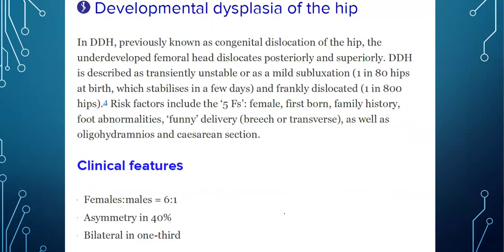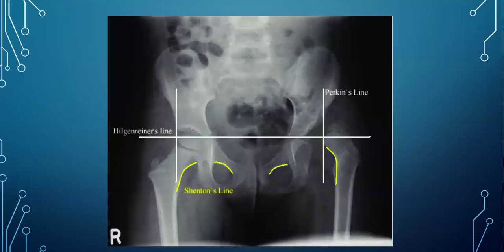Okay, let's start with DDH. DDH is when the femoral head dislocates from the hip joint. If we see here, this is a hip joint, and you can see the femoral head.